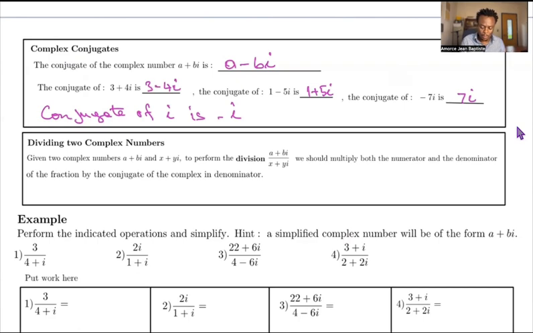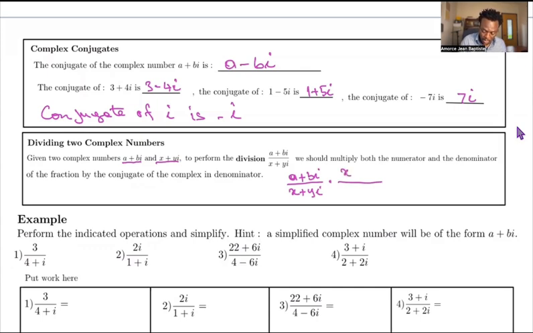Now, when dividing two complex numbers, a plus bi divided by x plus yi, we just multiply and divide by the conjugate of the bottom.